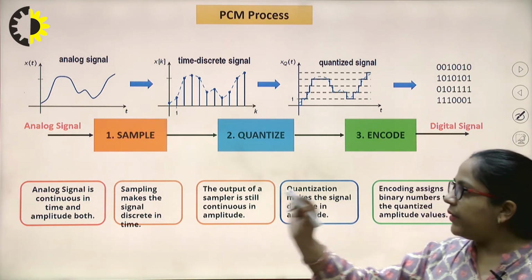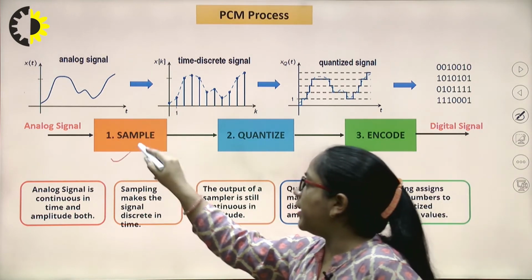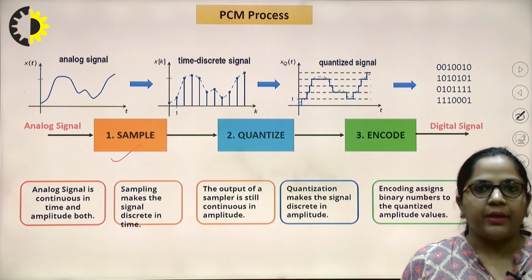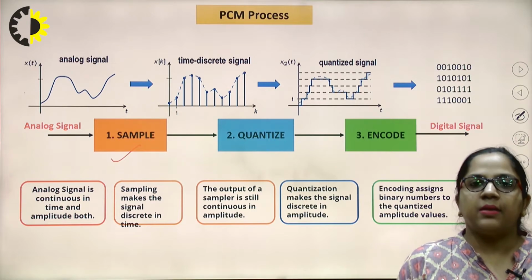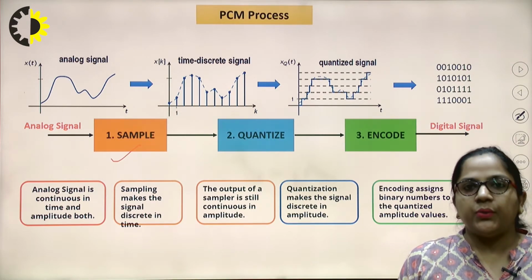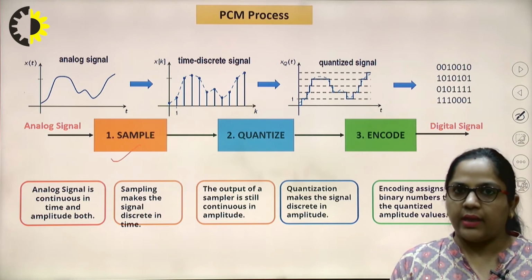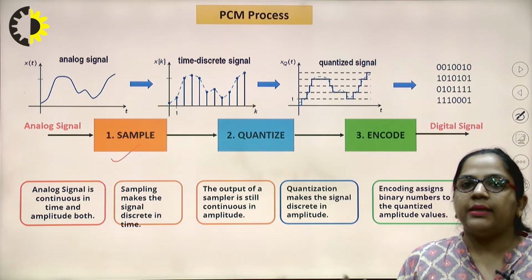Okay. So, the very first step in the PCM process is sampling. We have already discussed sampling. What is sampling? Sampling is the process of converting a continuous time signal into a discrete time signal. We perform the sampling of an analog signal in the time axis.